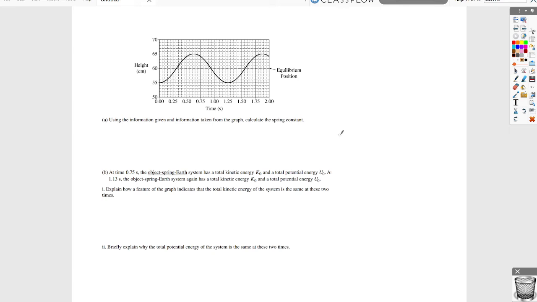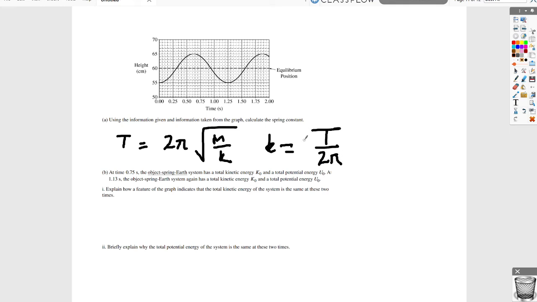So what's the spring constant? One of the formulas you can use for spring constant is T equals 2 pi times the square root of m over k. K is your spring constant, so k equals m over (T over 2 pi) squared. Or simpler: T over 2 pi, you square it, and then you flip, and then you put the m.